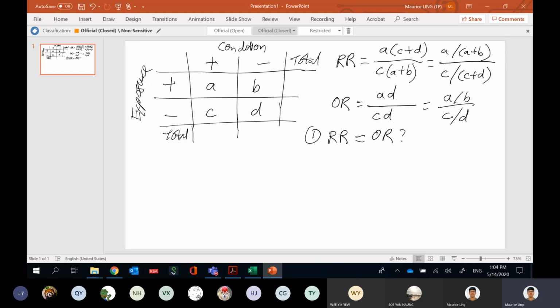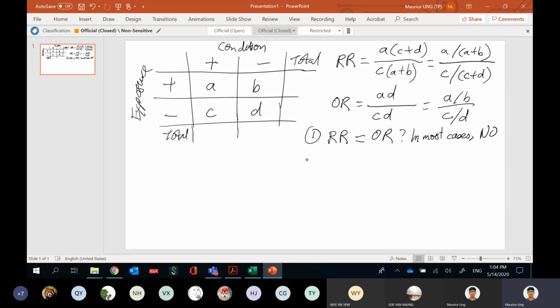In most cases, no. There is actually one case where RR equals OR, which is when A or B is equal to 0. That doesn't make any sense at all. It's like, why on earth would you want to do that? So in most cases, no, but mathematically, it can be possible.